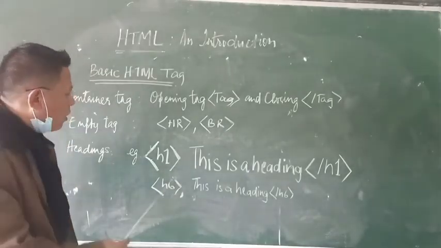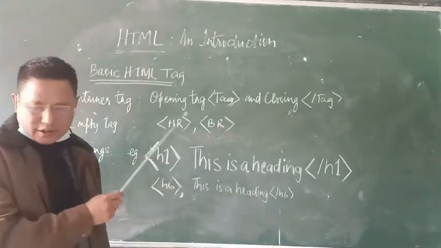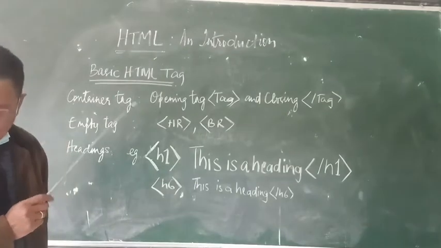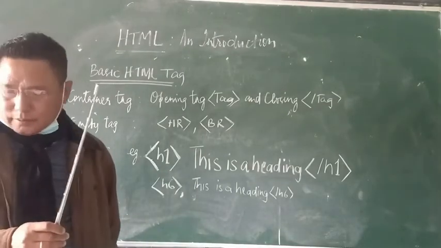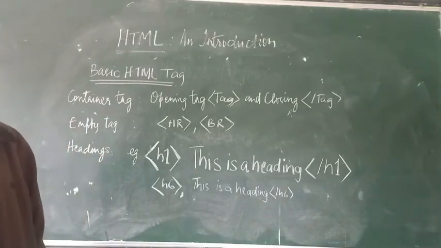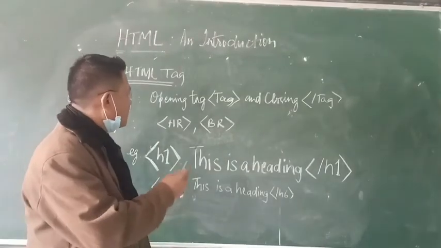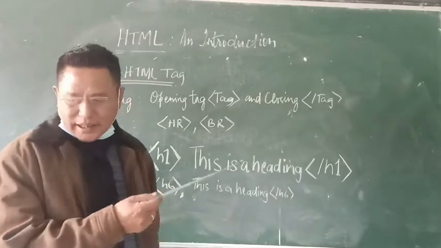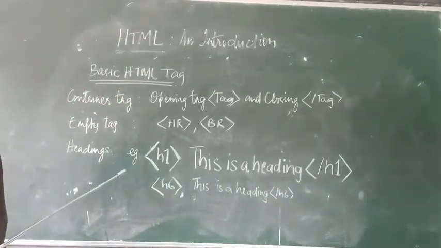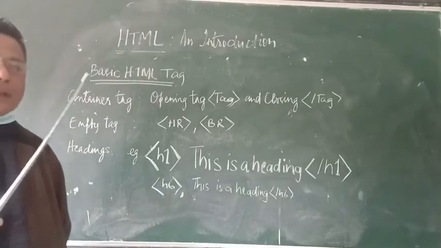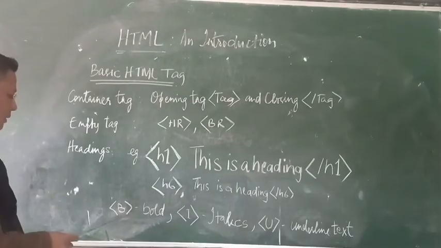Horizontal rule, HR: this tag is used to add a horizontal rule that acts as a divider between two sections. BR, which means line break. Now this tag introduces a line break and takes the text to a new line.